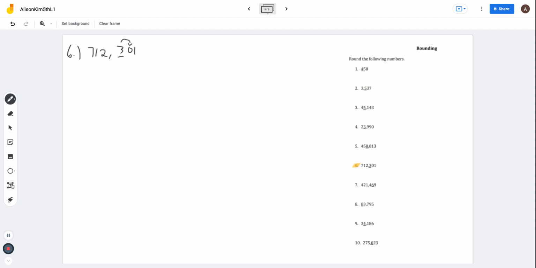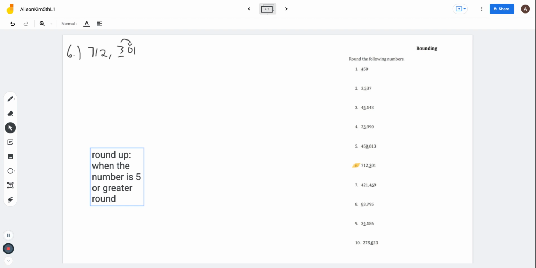And there are rules for rounding. You round up when the number is 5 or greater.